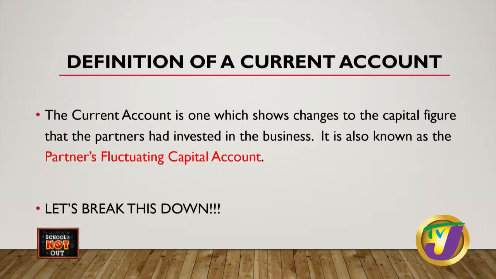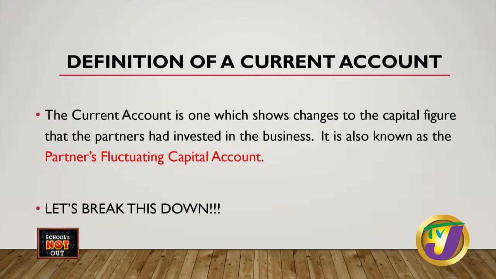Let's break this down a little in our classroom, students. Fluctuating. Think of a heartbeat. Increasing, and then decreasing. The partner had invested his or her capital and is expecting some returns on the capital. That would increase his or her initial capital investment.